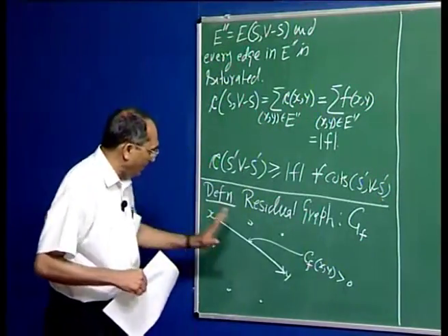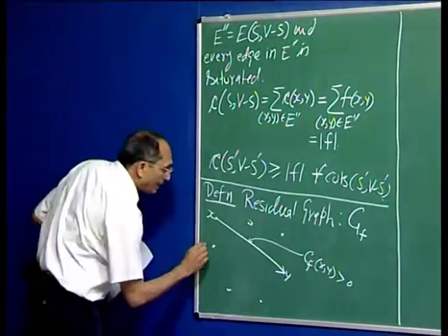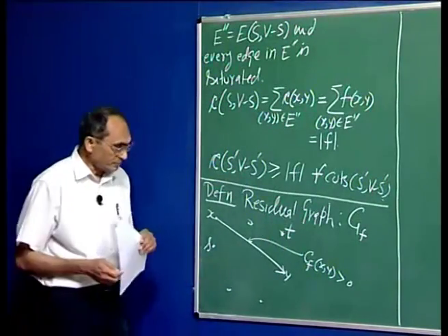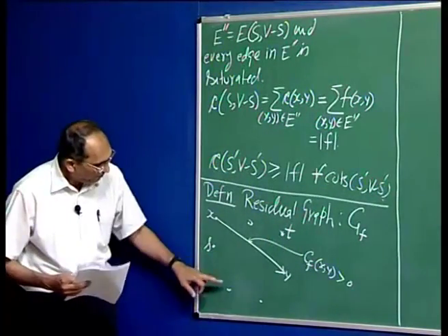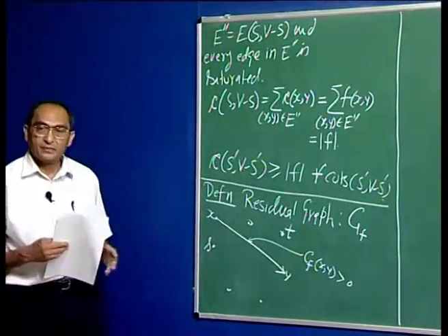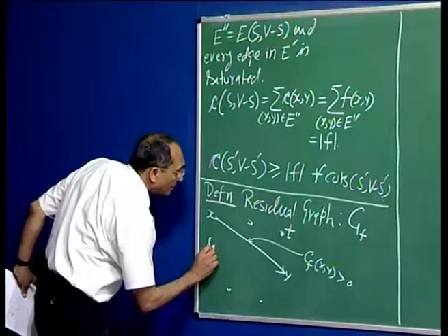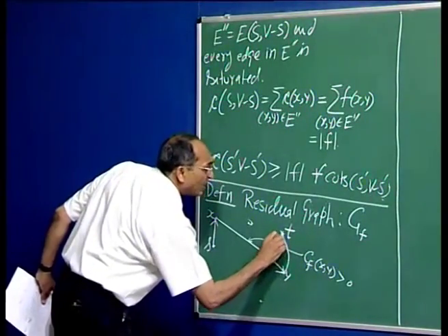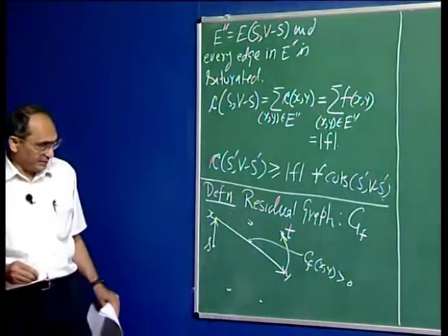Now, what is the property of this graph? We have some S and some T in this. Suppose there is a path from S to T in this graph, a path like this.